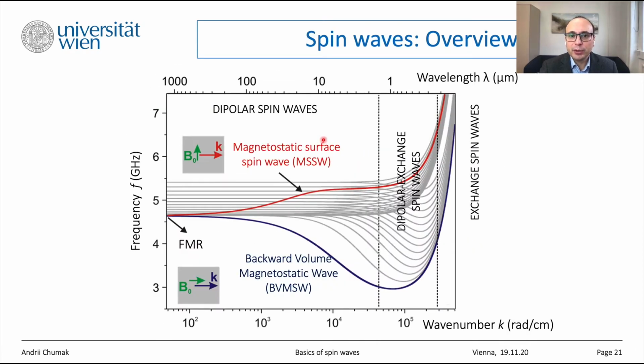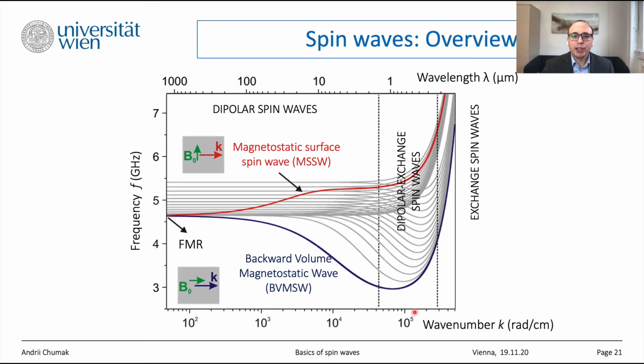Because if you also take into account exchange interaction, this is the same MSSW and the same backward volume, with the difference that here I now use a logarithmic scale in order to show also large k. These curves are like before, but just look different because of the log scale. But if you go to larger and larger k, at some point the angle between neighboring spins is not parallel anymore, and exchange interactions start to speak.